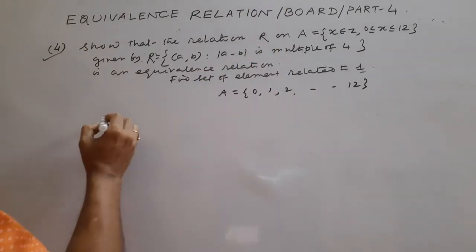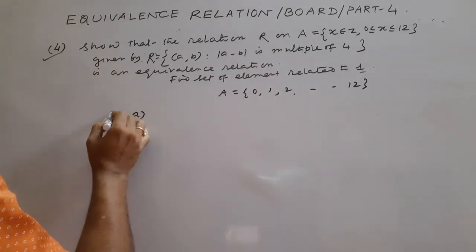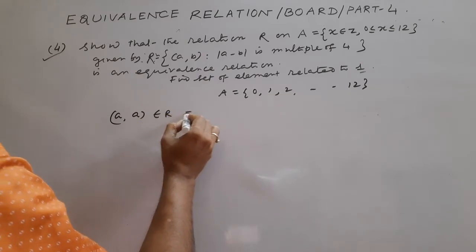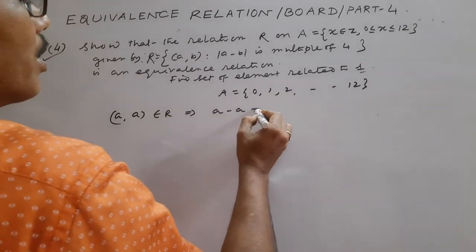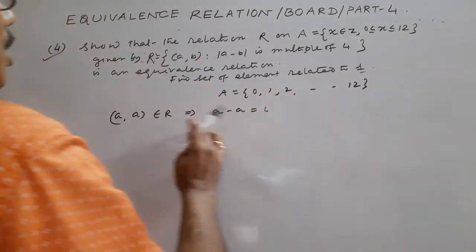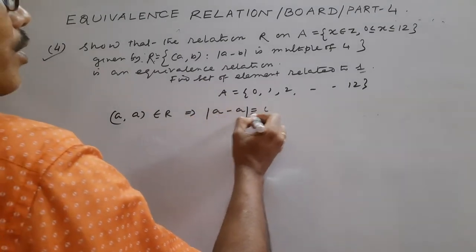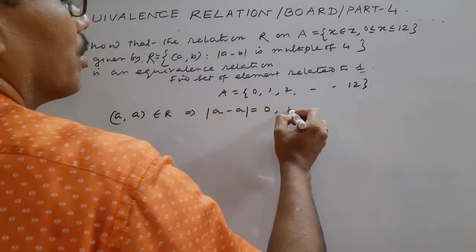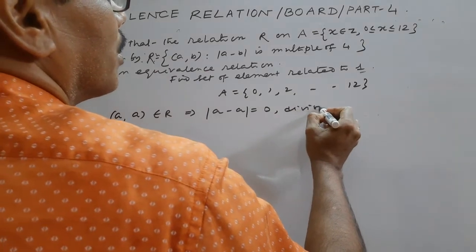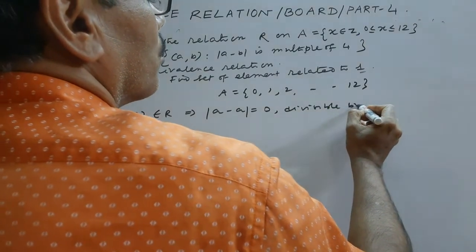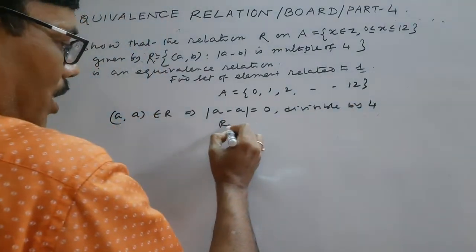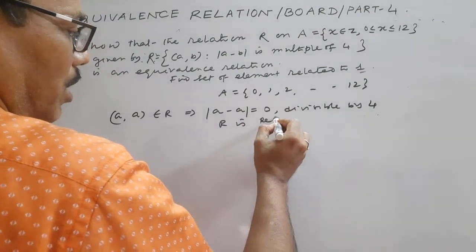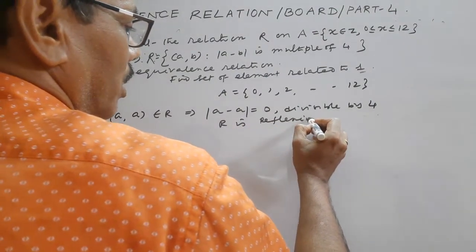Look, A belongs to R implies mod A minus A equals 0, divisible by 4. So R is reflexive, just like the previous one.